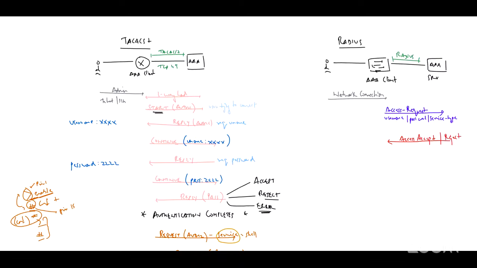And once it does that, both authentication and authorization complete. And there can now be traffic flow from the endpoint or that end device.